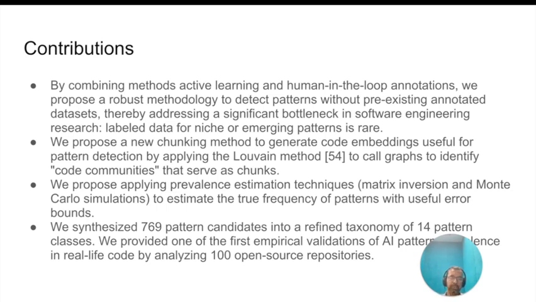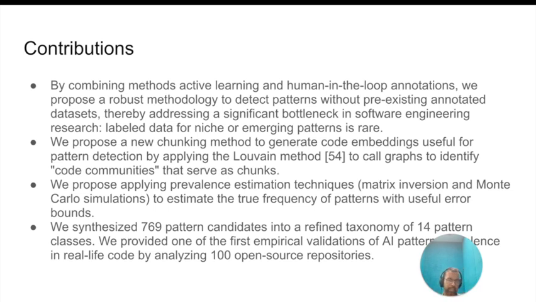So our first contribution is the methodology. The second one is, although Pandya et al. have done classification on top of embeddings to detect patterns, here we use community detection on the call graph, so the code is nicely identified to include the patterns. We figured out a way to break the code into chunks so that we can identify patterns clearly using embeddings.